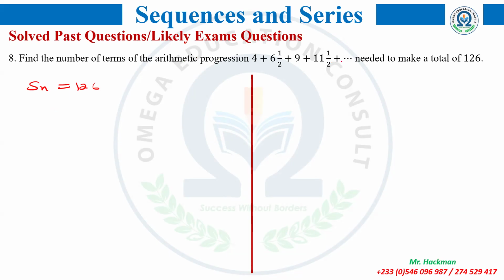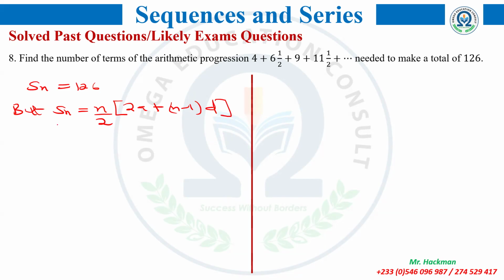Do I know the last term? No, please. So I will quote the formula that is lengthy. My S sub N for an AP will be equal to N over 2 into 2A plus (N minus 1)D. Am I right?